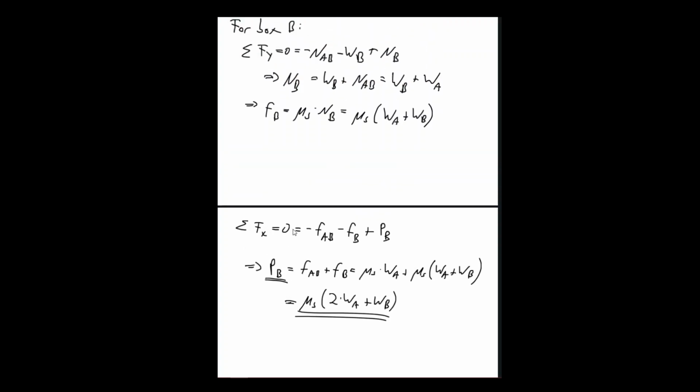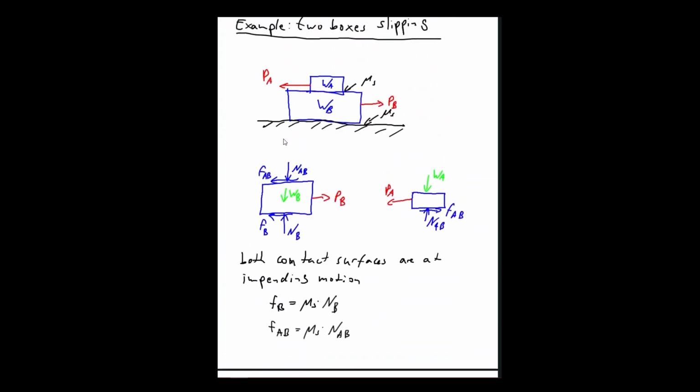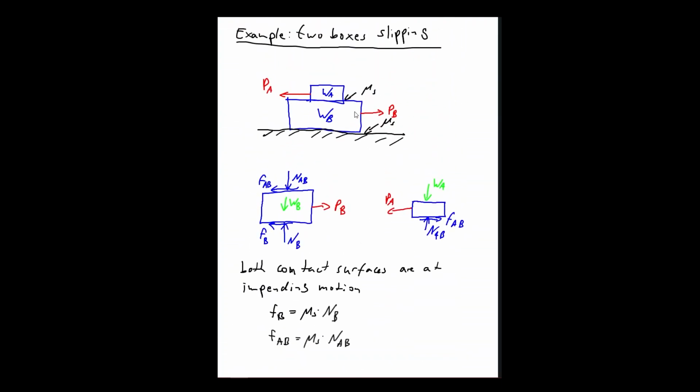That'd be mu s times 2 times WA plus WB. And there we have it. All right, that means based on this very simple setup, we can find the two maximum forces that we could apply to box A and to box B without them actually starting to move.